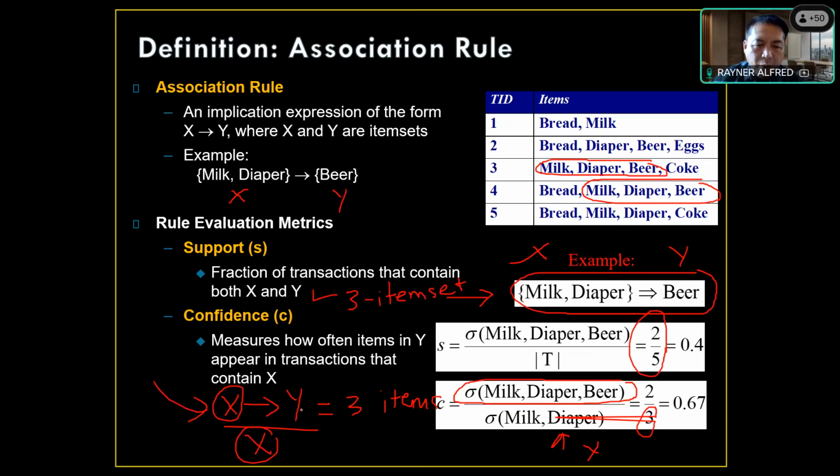So in this example, we have 2/3. If we have 3/3, that means the confidence is high. All the patterns that we have, we can capture for all of the rows that we have.